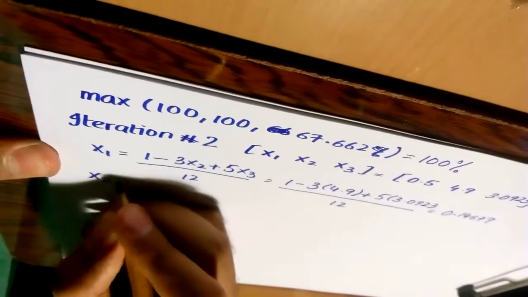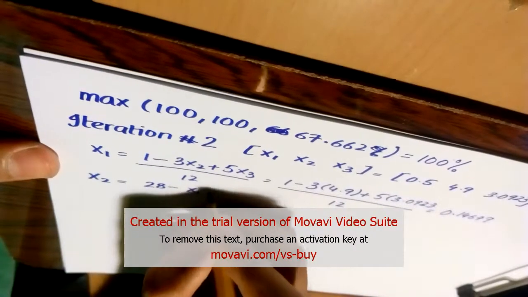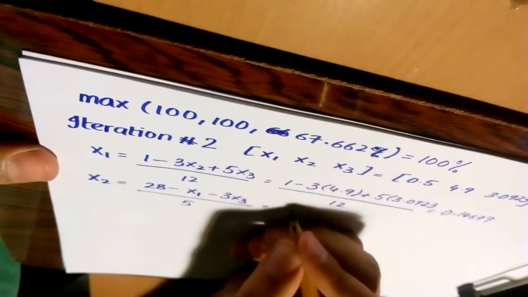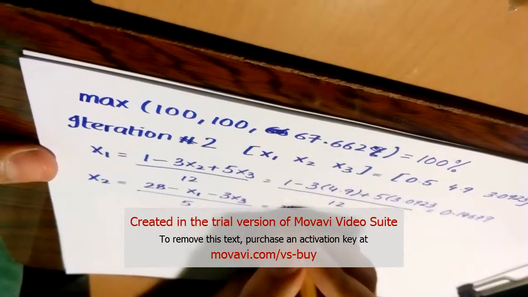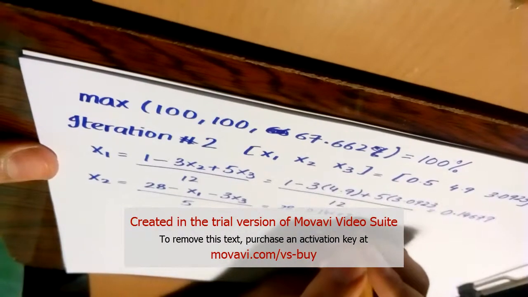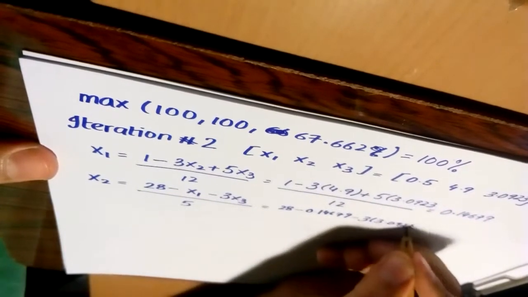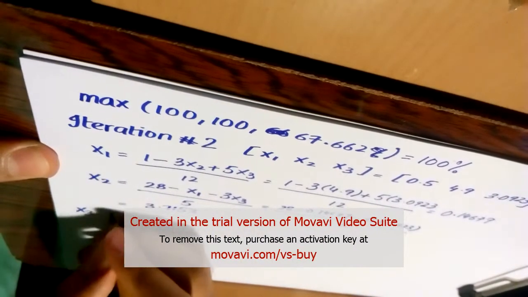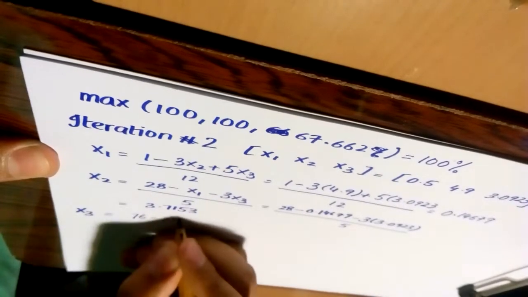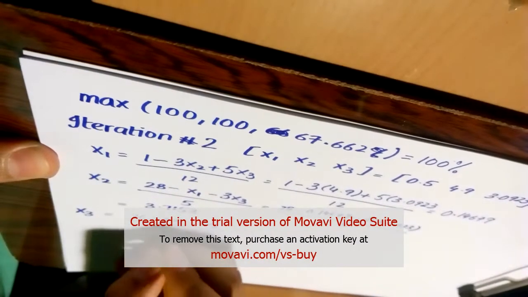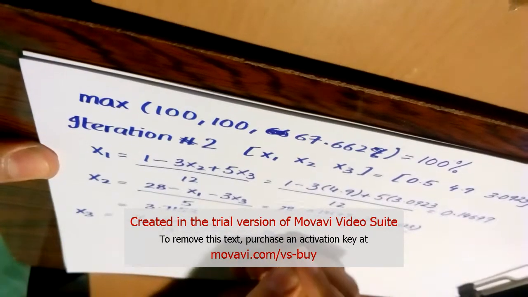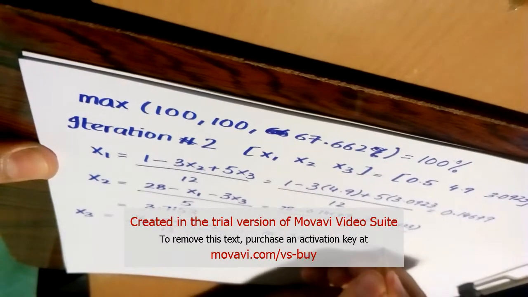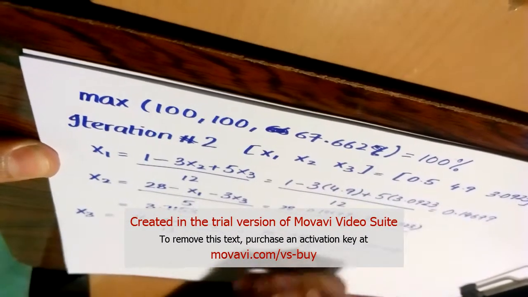And then we plug in the values of x3 and x1 in equation number 2, which will give us x2 will be 3.7153 and x3 is going to be 3.8118.